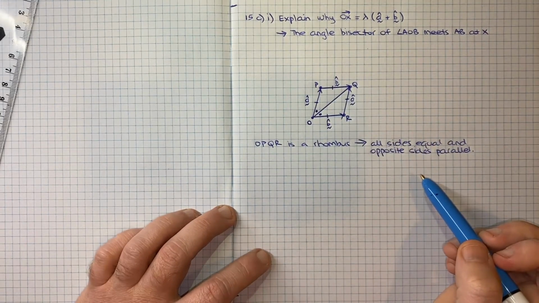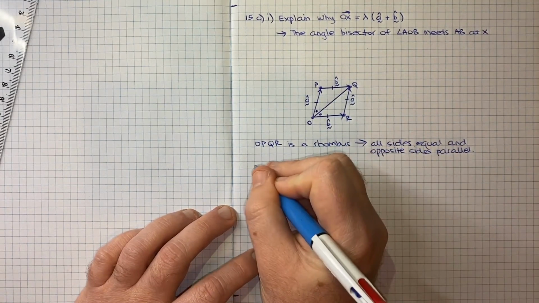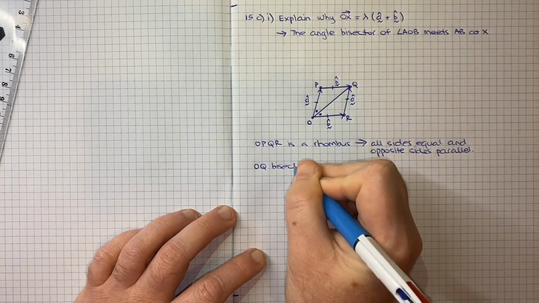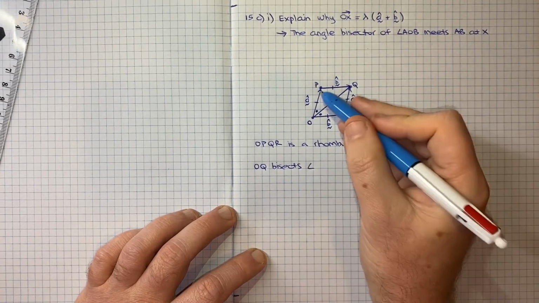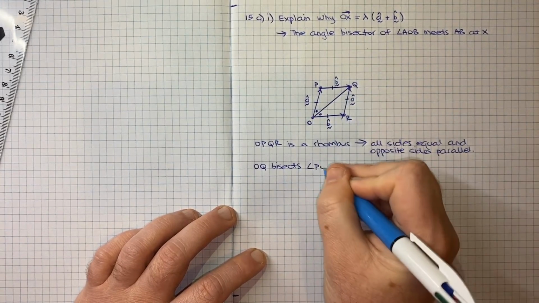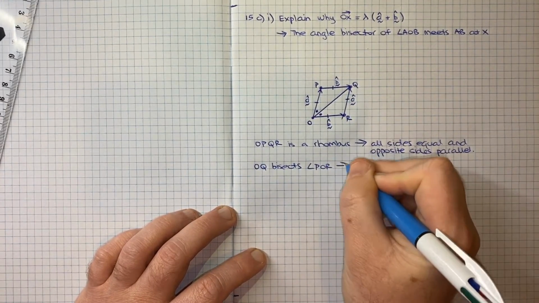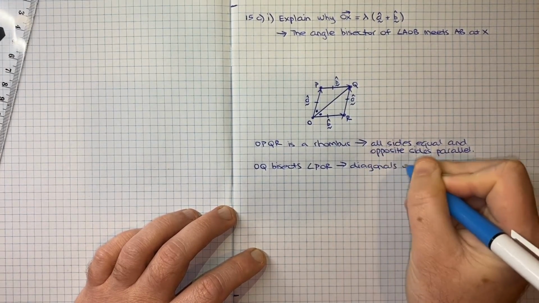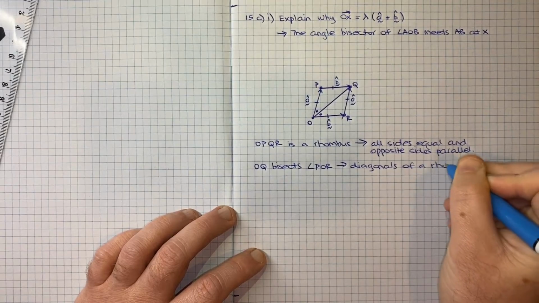So what we can say is OQ bisects angle POR, and the reason for that is diagonals of a rhombus.